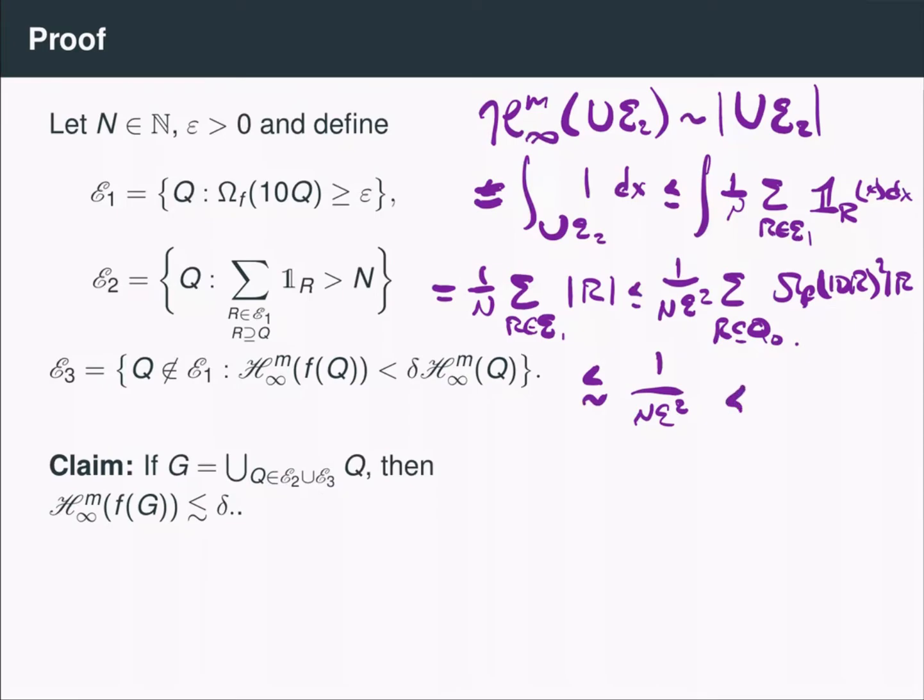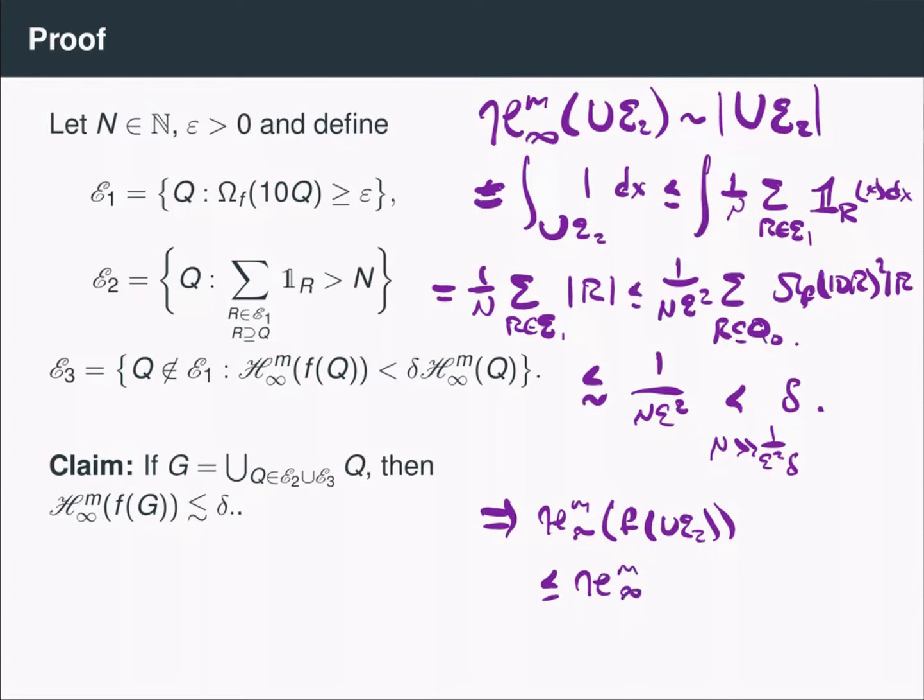Now we pick n bigger than 1 over epsilon squared, quite a lot bigger, 1 over epsilon squared delta, so that this is less than delta. And that implies that the Hausdorff content of f of the union of E2 is no more than, since f is 1-Lipschitz, the Hausdorff content of the union of E2, which is less than delta, which is what we wanted.